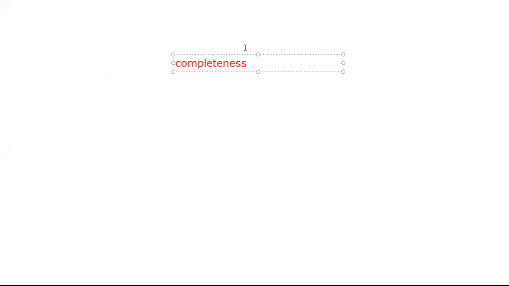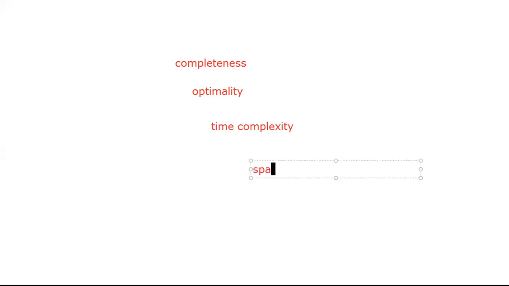Number 2 is optimality. Number 3 is time complexity, and number 4 is space complexity.